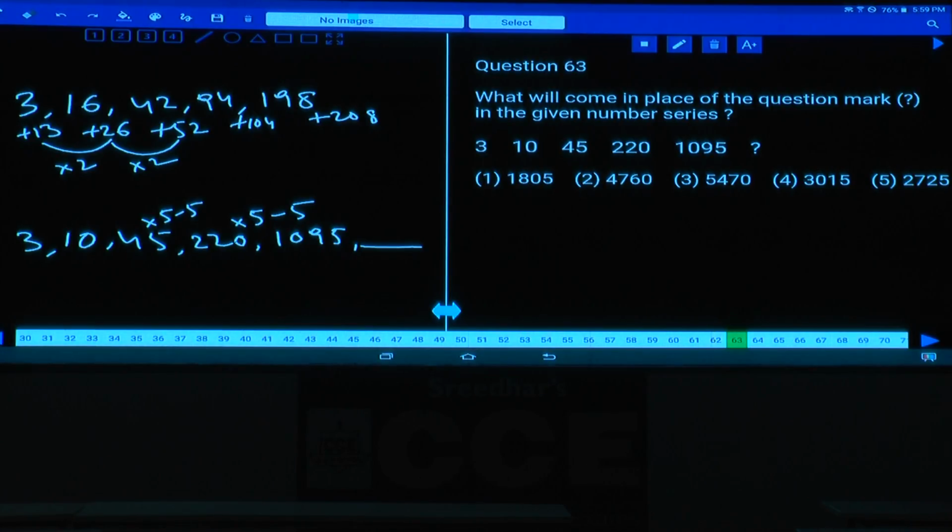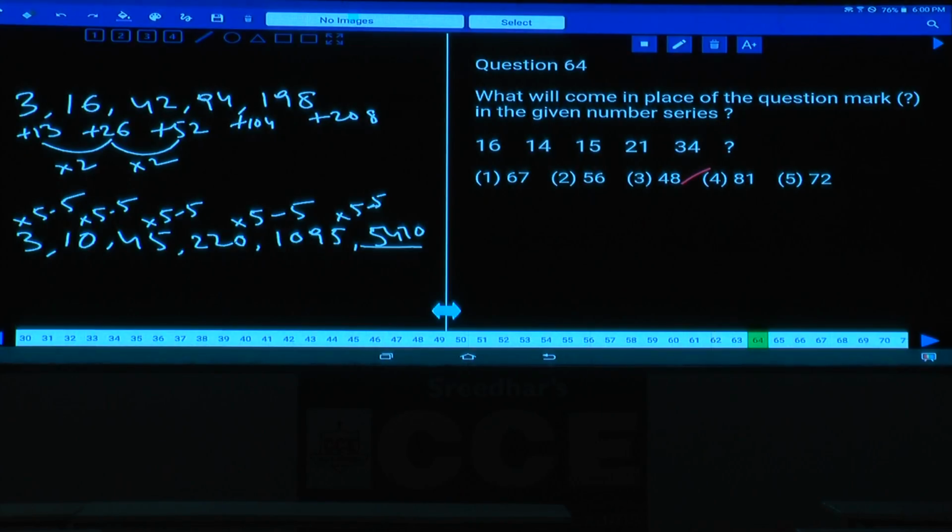And this one 10 into 5, 50 minus 5 is 45. And this is 3 into 5 minus 5 is 10. Then next one into 5 minus 5. 1095 into 5 minus 5 will be how much? That is 5470, and it is given choice 3.